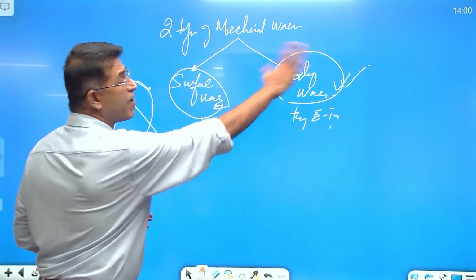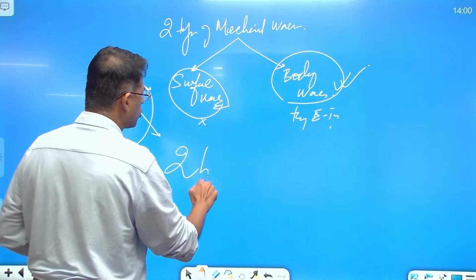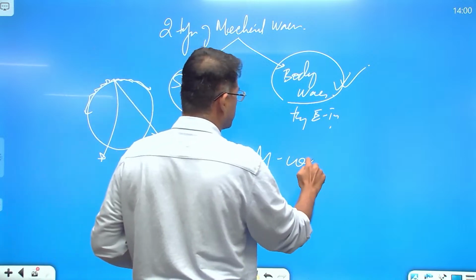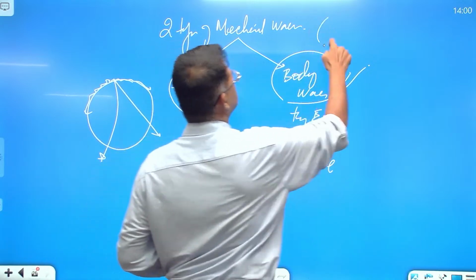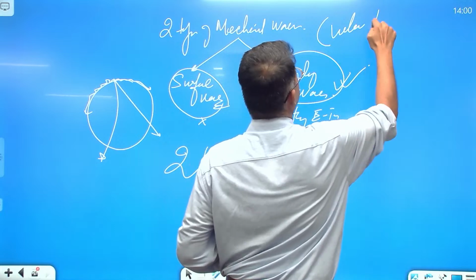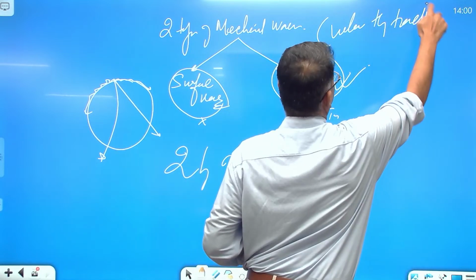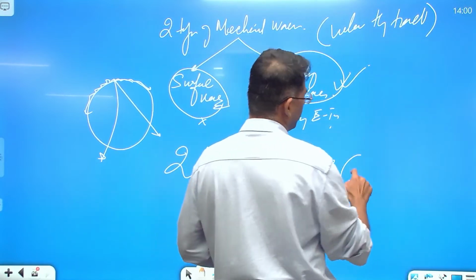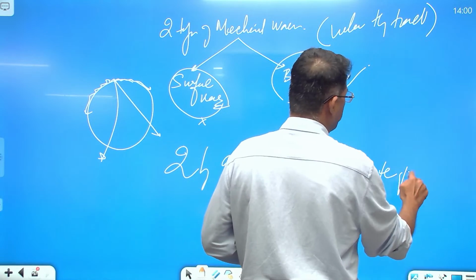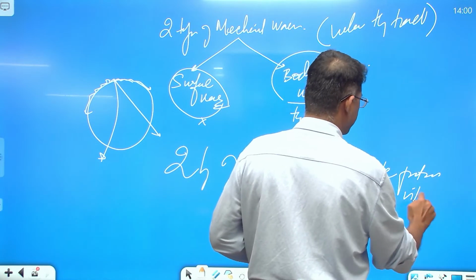This is in terms of where they are. Again, there are two types of mechanical waves. The first was on the basis of where they travel. This one is on the basis of how the particles vibrate.